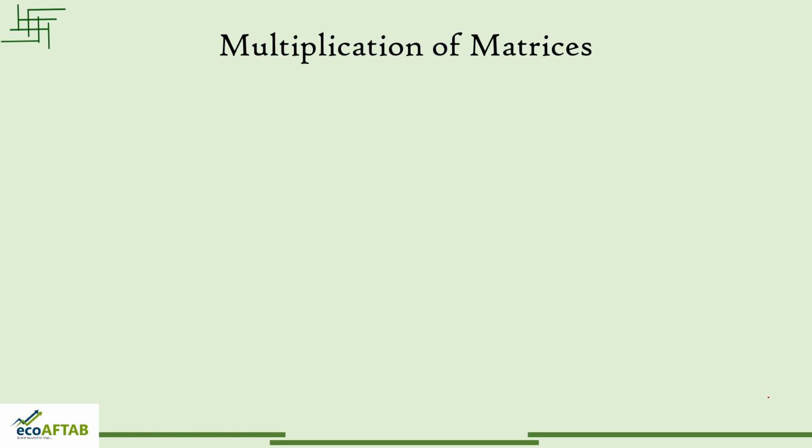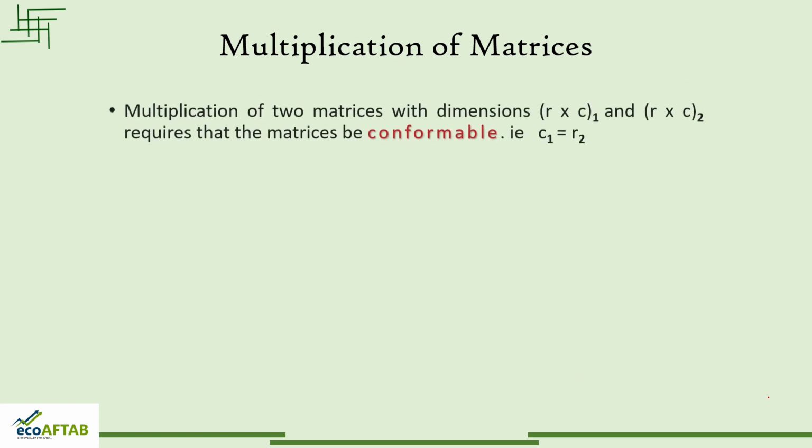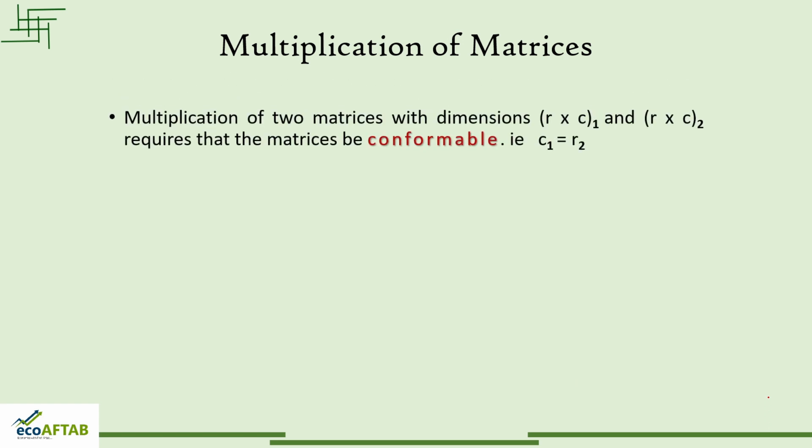Now coming to multiplication of matrices. Multiplication of two matrices with dimensions R1 into C1 and R2 into C2 requires that the matrices be conformable. Now what is this? What it is telling us is that C1 should be equal to R2.